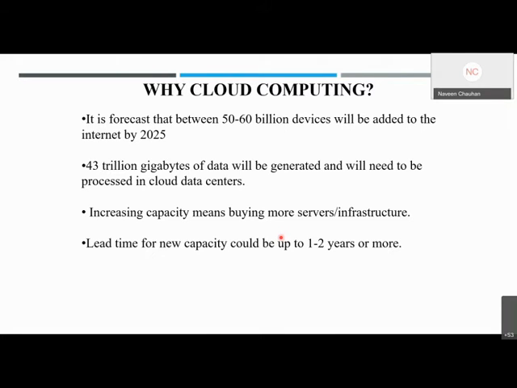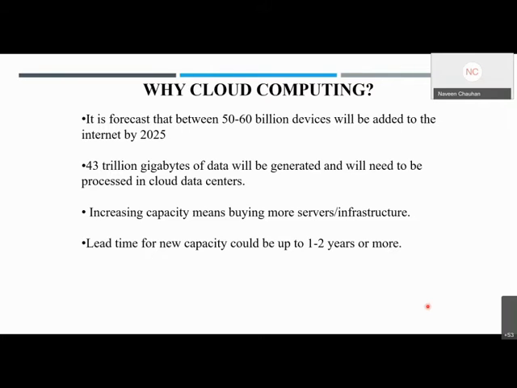The second point is that 43 trillion gigabytes of data will be generated and will need to be processed in cloud data centers. This is huge data, as I've already told you, and it is going to be catered to by these data centers. Increasing the capacity means buying more servers or infrastructure.